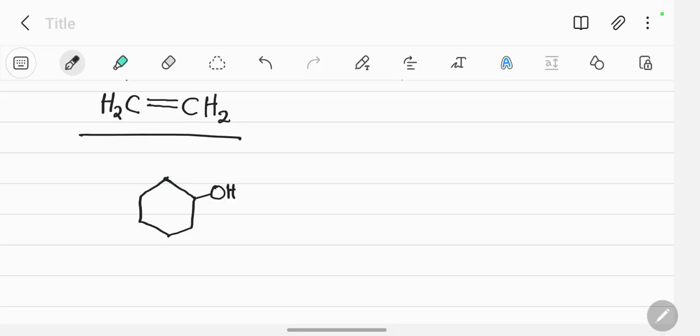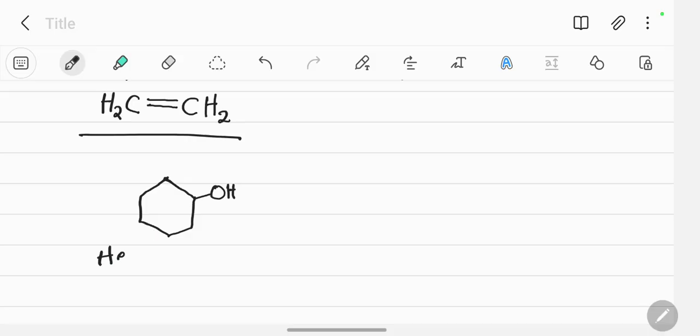This one's a cycloalcohol. It's like benzene, but it's not benzene. What is it? It's a cyclohexanol. It's coming from cyclohexane.